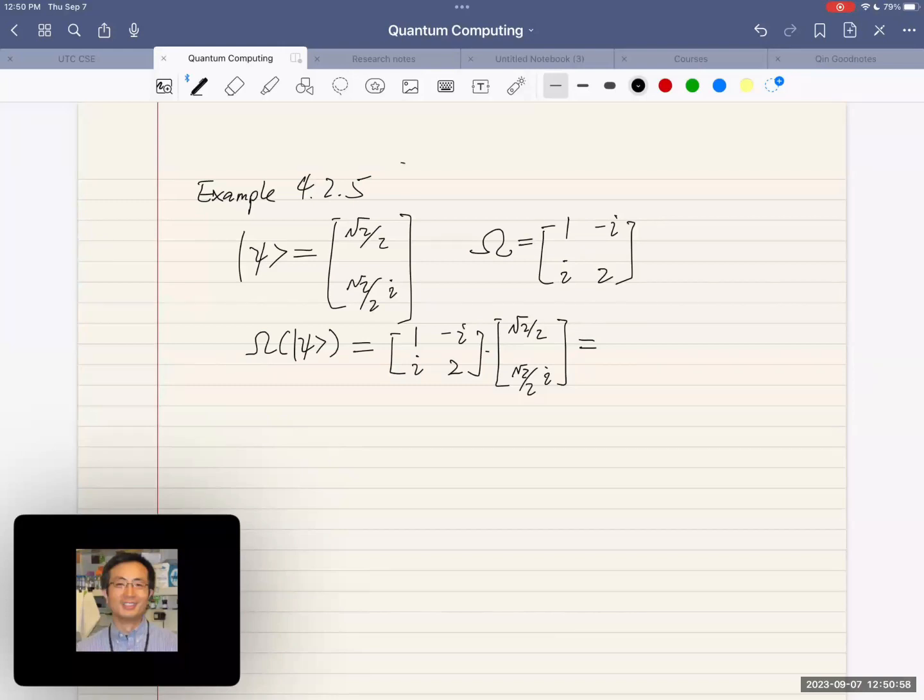This is for the expected value. Expected observable, sorry.